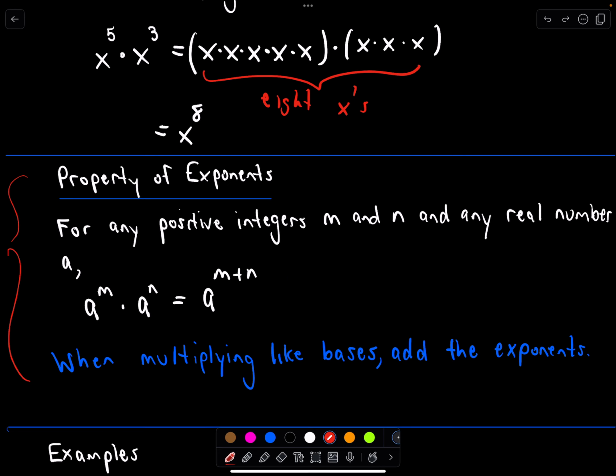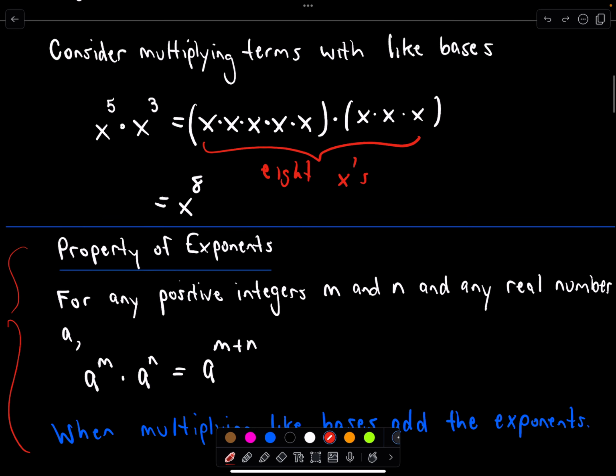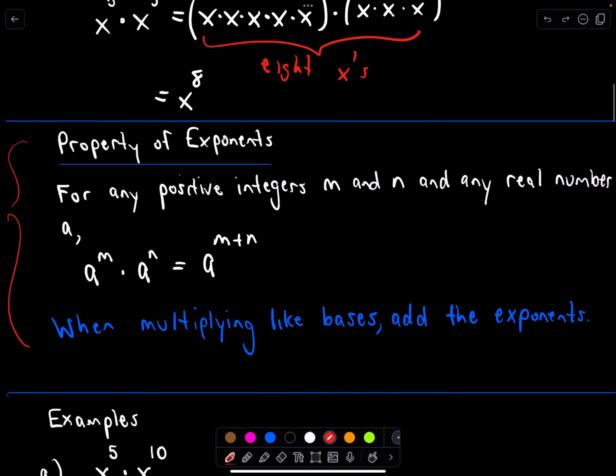So what it says is when we multiply like bases, right, these two bases are alike, I've got the same base, it says take those exponents and add them together. And again, that's all we did here. We took these exponents, 5 plus 3, and we got 8. Again, recognizing that we're multiplying like bases. Certainly have to have like bases.